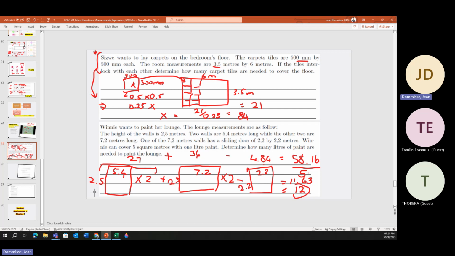So I get a total area, if I divide it by how much paint per liter, you get your total paint. Okay, so again, a word sum. So this is merely a combination of area with equation. Because you now needed to every time use it in an equation to get your final answer.